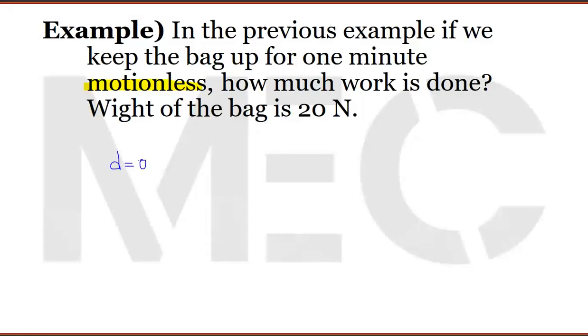Force has not caused any movements. Distance is 0, therefore work is equal to force times distance, which is 0. So whenever distance is 0, because W is equal to F times D, W is 0. So work is 0.